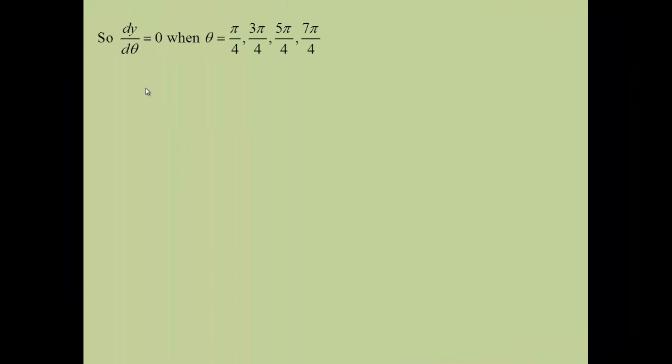So we now have determined where dy d theta is equal to 0. Those values of theta, that's where dy d theta is equal to 0. And we determined where dx d theta was equal to 0. Dx d theta was 0 at 0 and pi. So notice none of these values of theta, where dy d theta is 0, also make dx d theta equal 0.